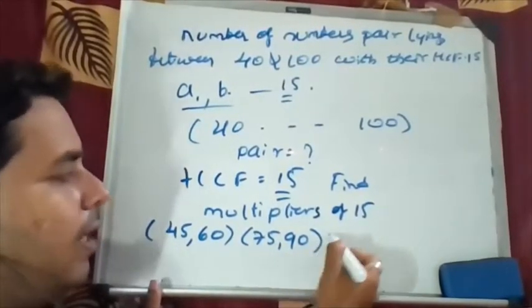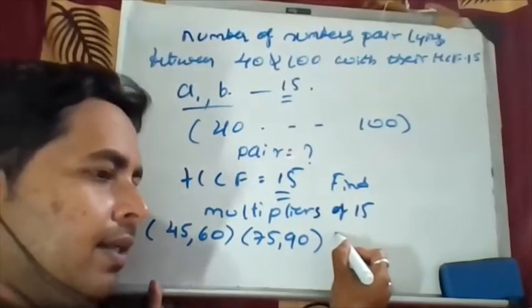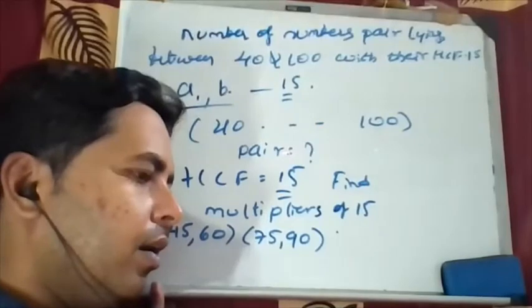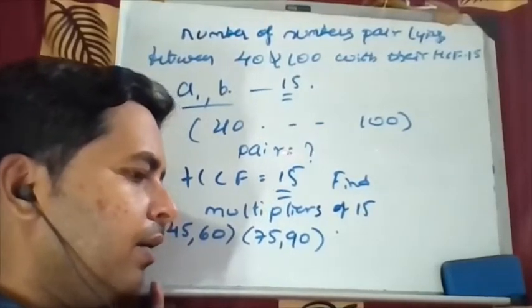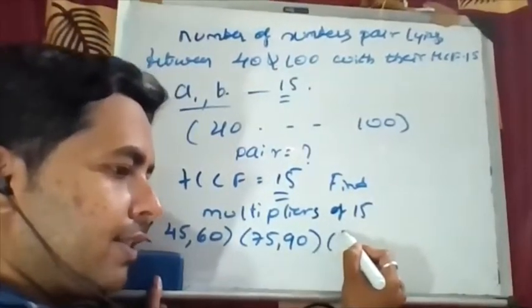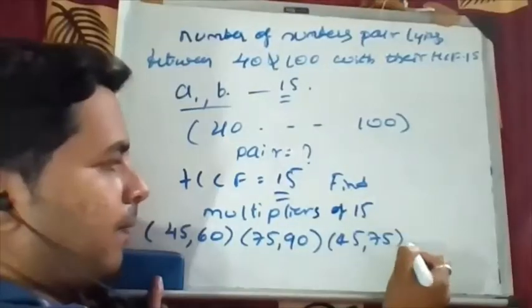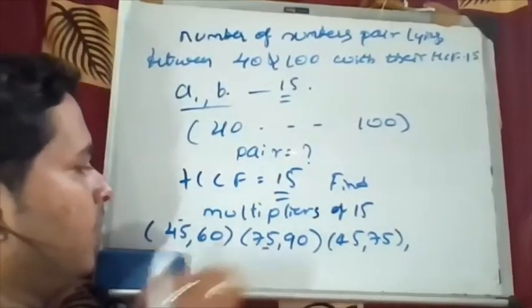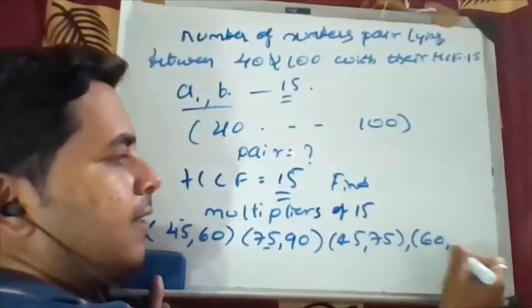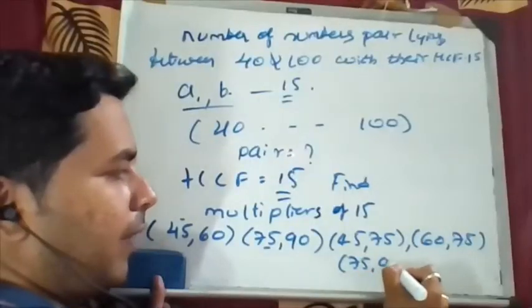Okay, then और एक pair बनता है, 60 and 75. हाँ, वही repeat आता है, जैसे 45 and 75, 60 and 75, and 75 and 90.